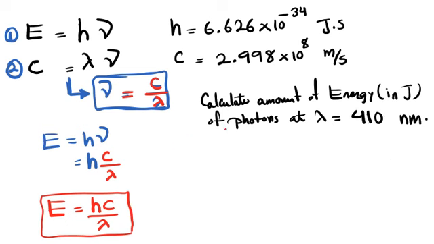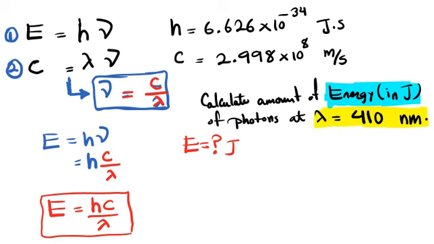The question says calculate the amount of energy in joules. So I need to derive the one equation for energy in joules when we have this number, 410 nanometer.